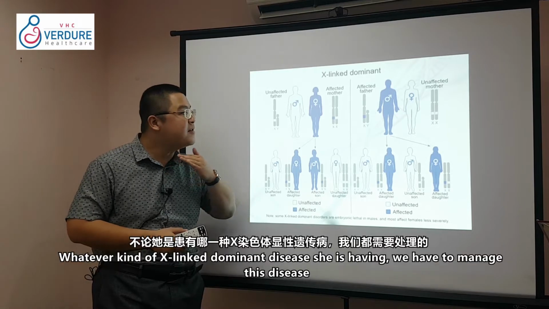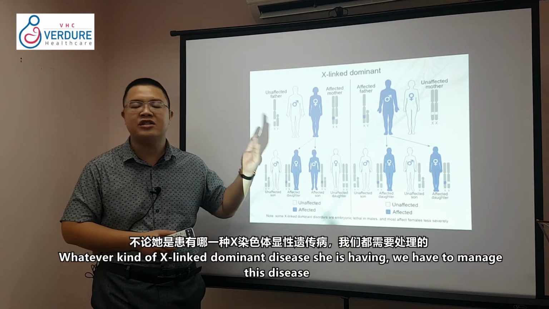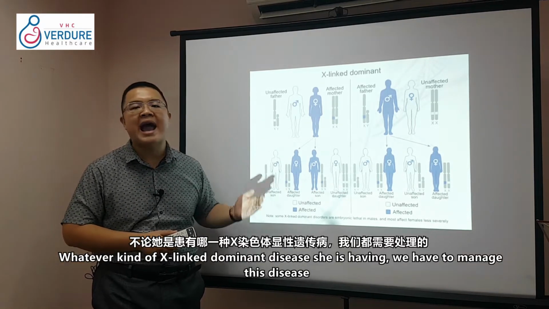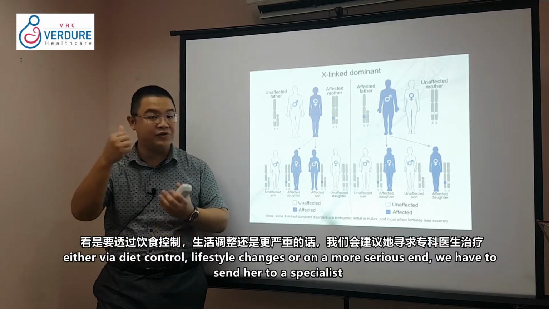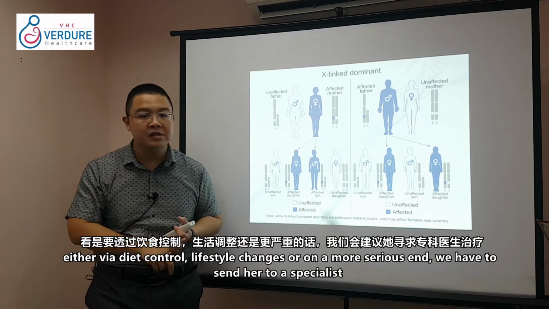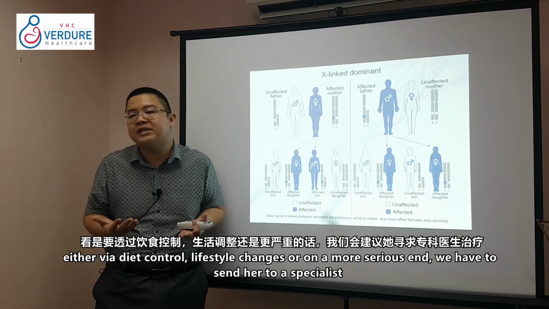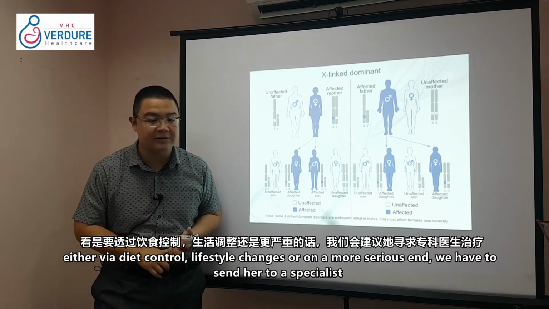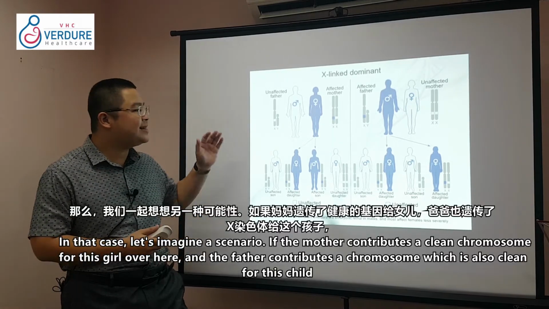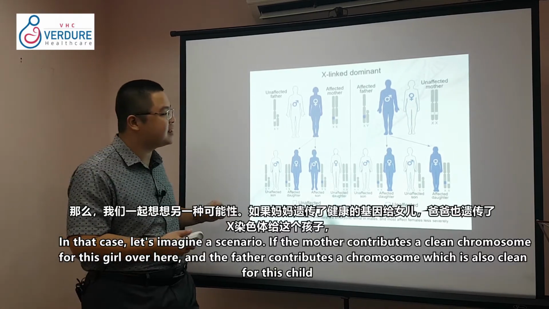So whatever kind of X-linked dominant disease she is having, we have to manage this disease, either via diet control, lifestyle changes, or on a more serious end, we have to send her to a specialist. All right? So in that case, let's imagine the scenario.